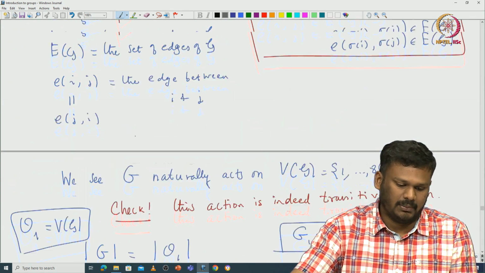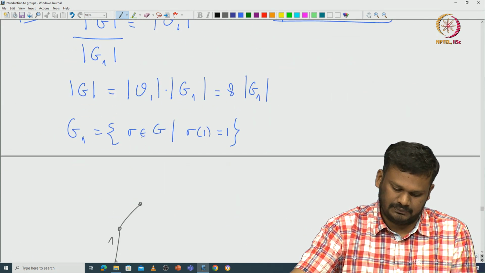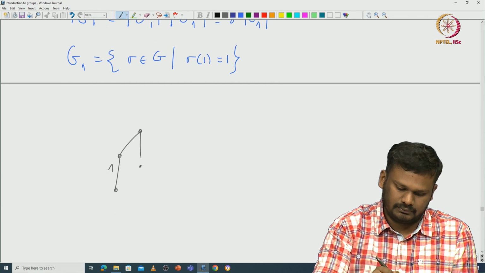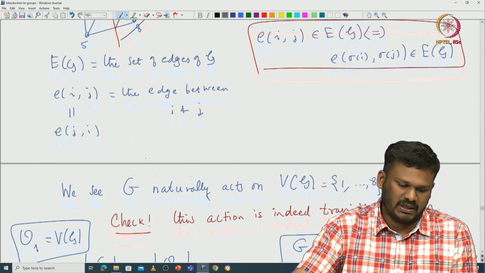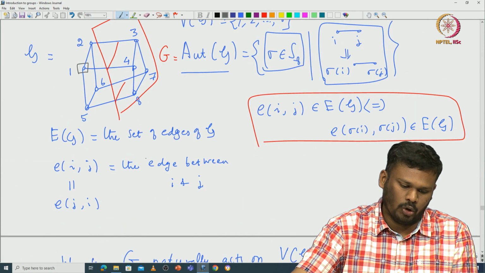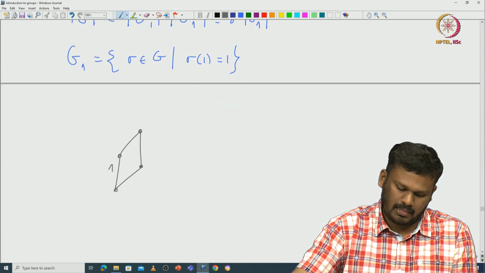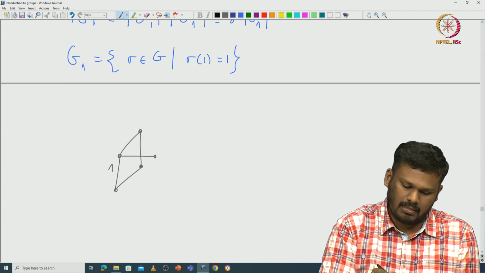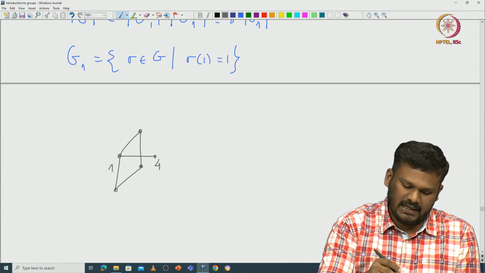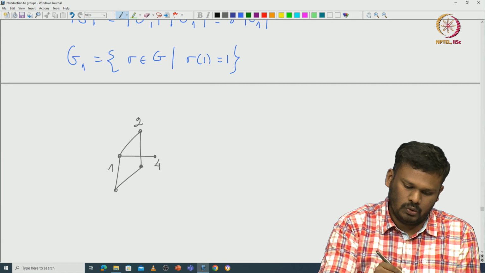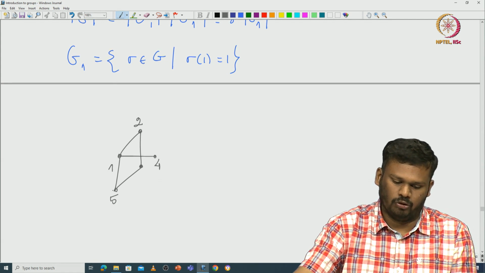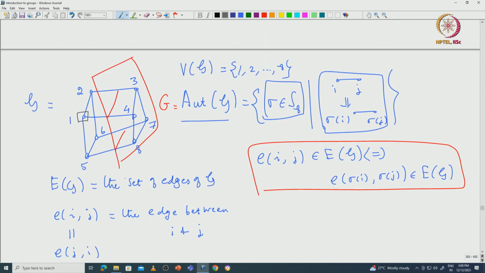Let us see the labeling, 6 is here, and then 1 is also connected with 4. So, mainly 1 is connected with 2, 5 and 4. Only these 3 are neighbors. So, 2, 4 and 5.